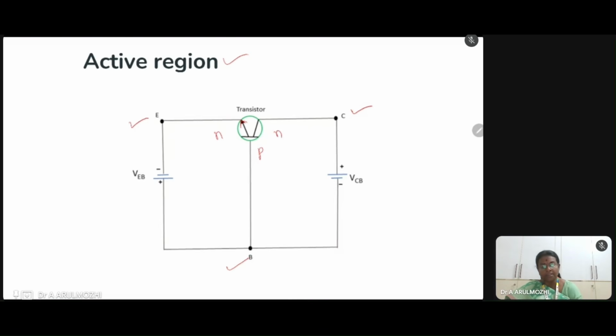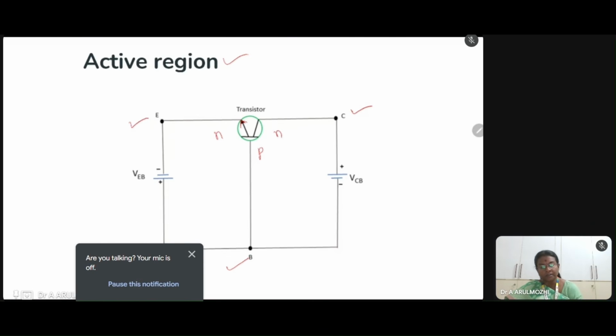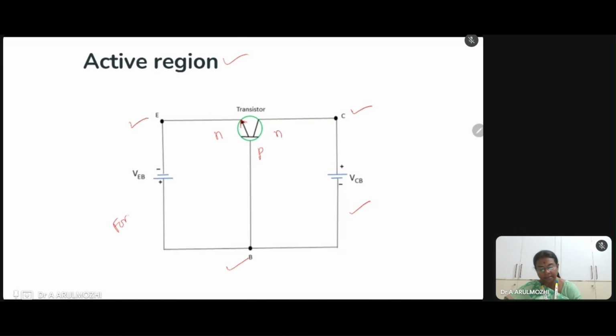The emitter and base are forward biased, and in addition the collector and base are reverse biased. The voltage VEB is connected between the emitter and the base in a forward manner, whereas the voltage VCB is connected between the collector and the base in a reverse manner.